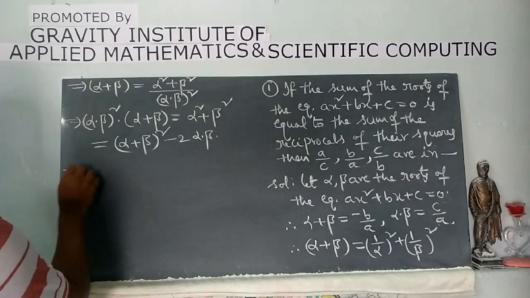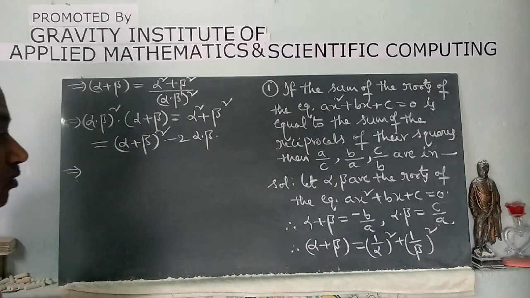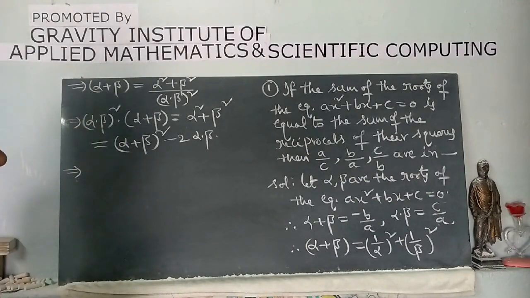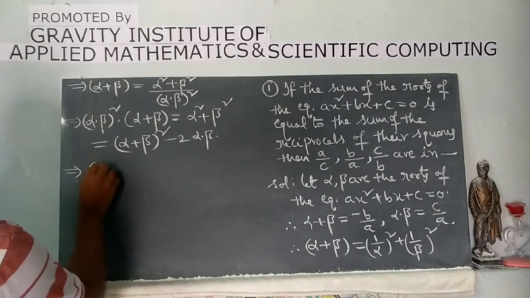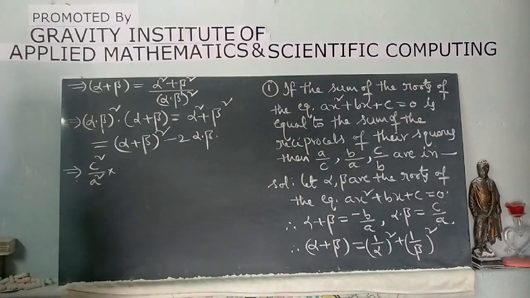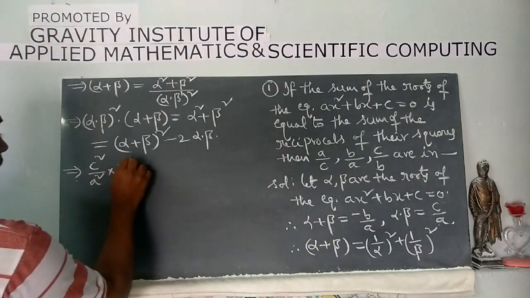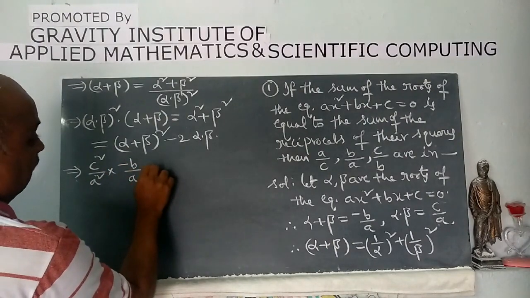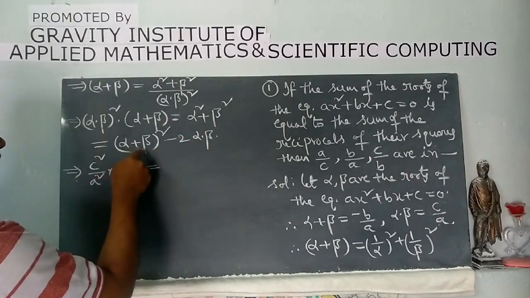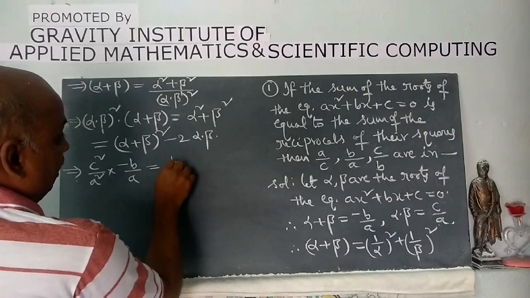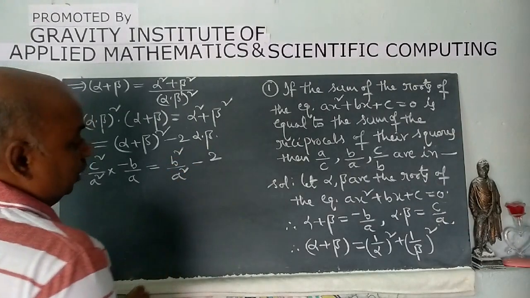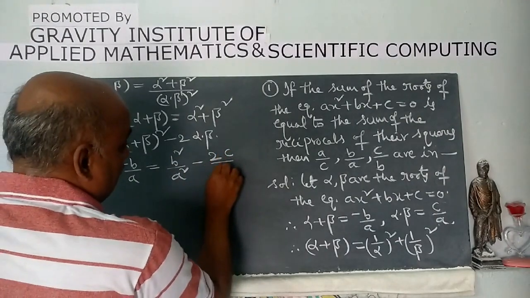So substituting the values, here alpha beta, which is alpha into beta, is c by a. So c square by a square into alpha plus beta, which is minus b by a, is equal to alpha square plus beta square in terms of alpha plus beta, which is b square by a square minus 2 into c by a.